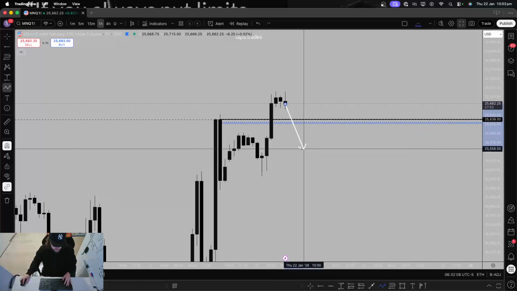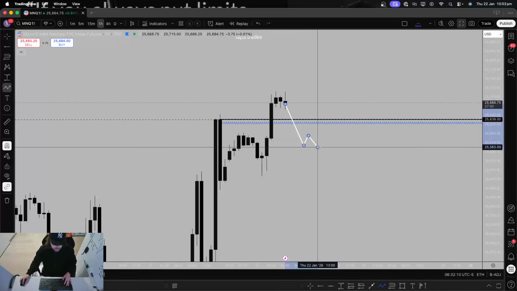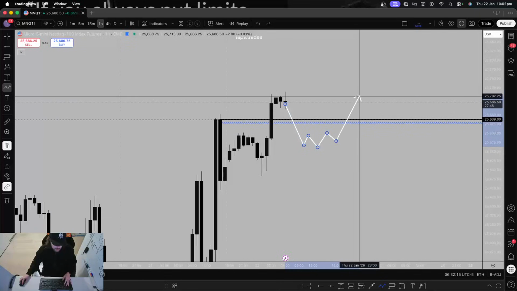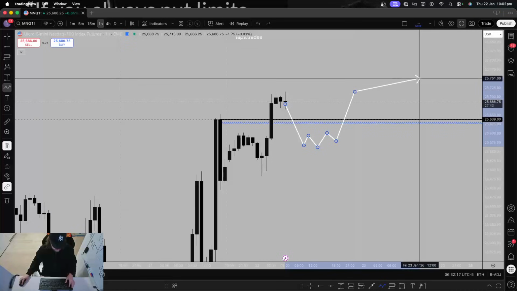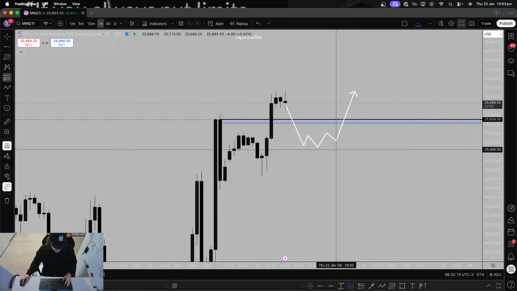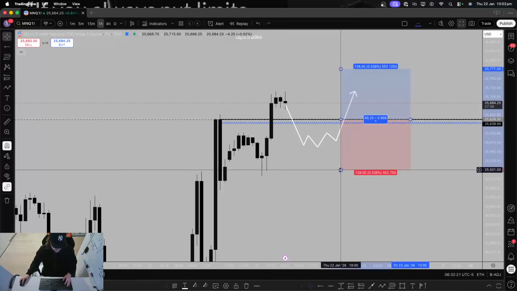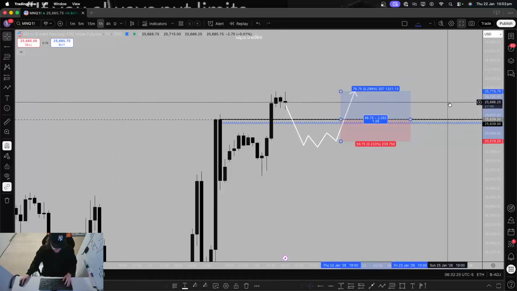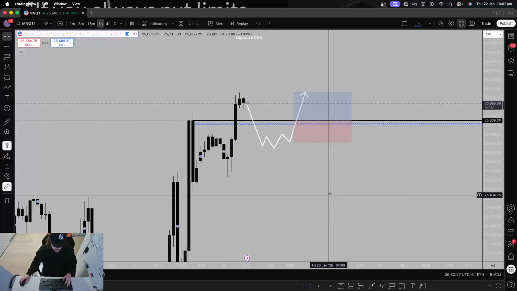We want price to ideally do something like this before then continuing up. At which point we can take a trade based on an entry here, with stop loss below the previous swing low and take profit at that higher high. That's really what we're looking for.